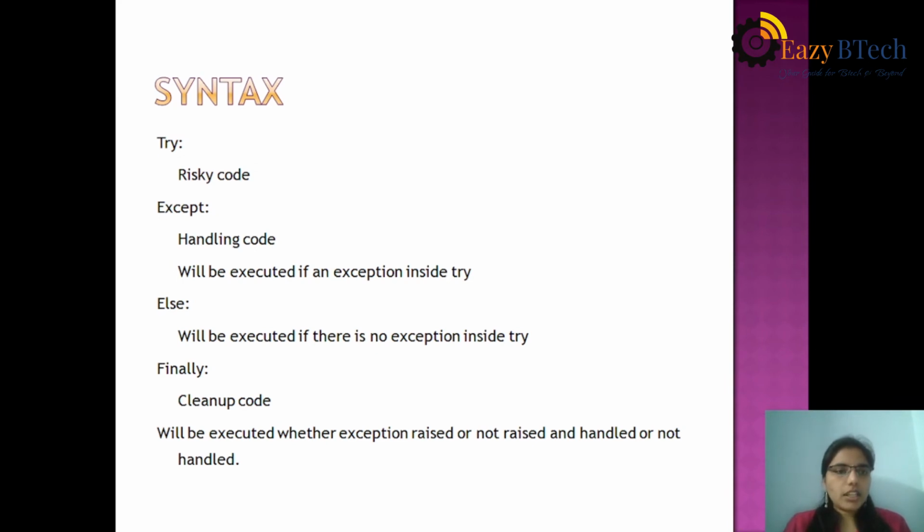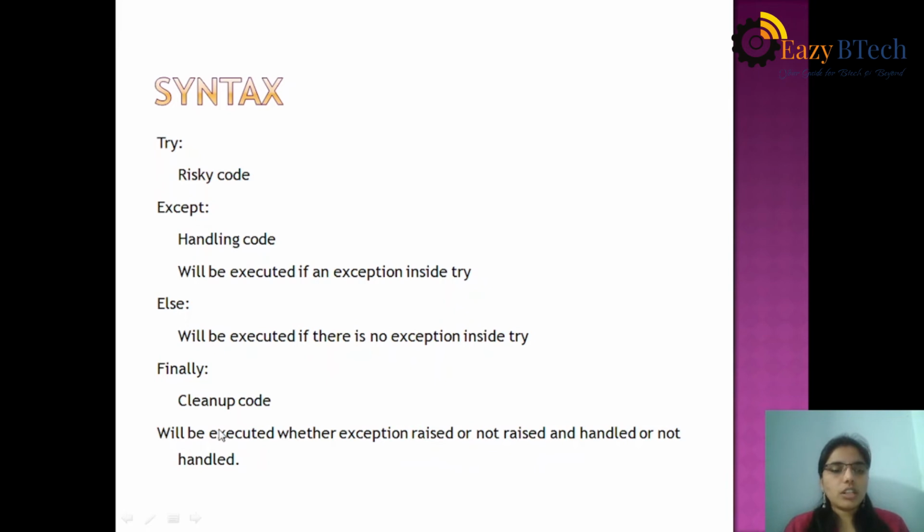Okay, this is the syntax of the try except else finally block. Try contains the risky code. Except is the handling code, which will be executed if any exception occurs inside the try block. Else will be executed if there is no exception inside the try block.